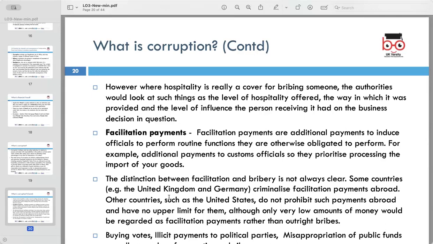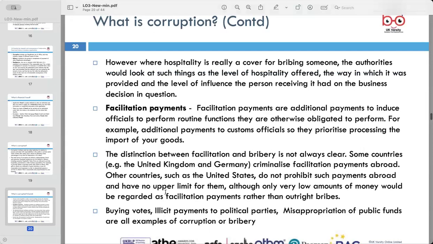Surveys indicate that many companies find it difficult to conduct business in certain countries without engaging in bribery and corruption, highlighting the pervasive nature of this issue.